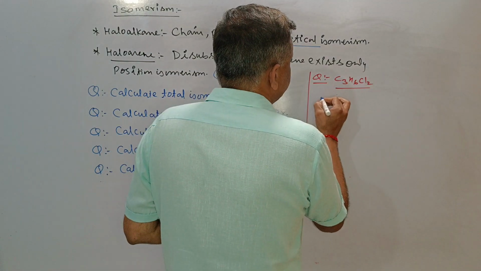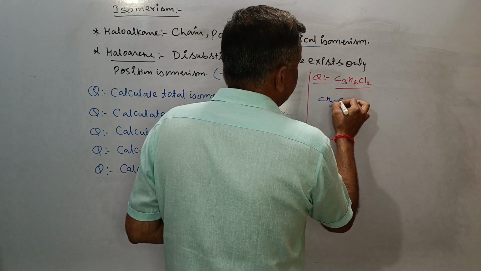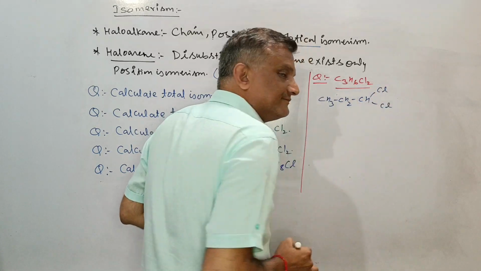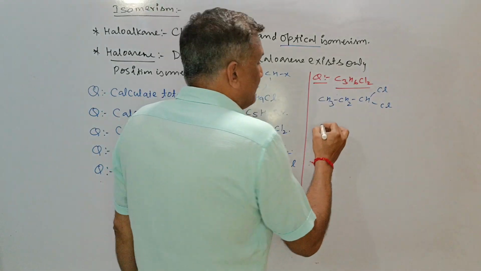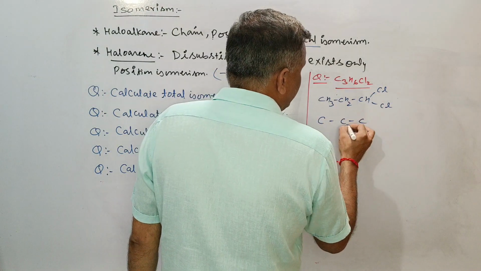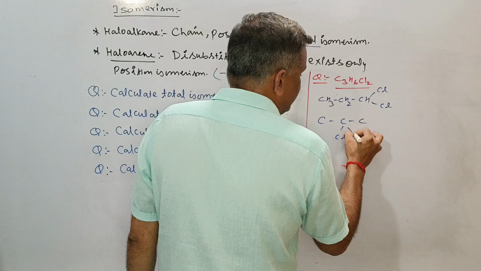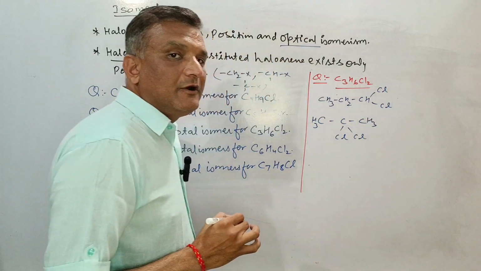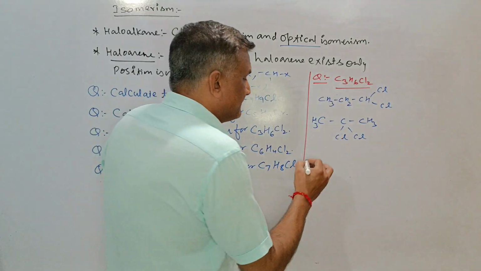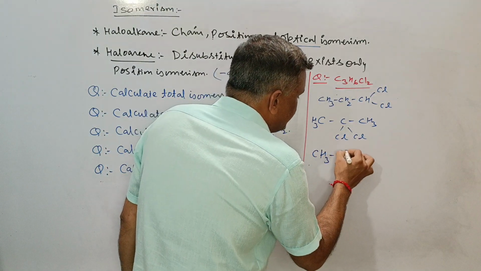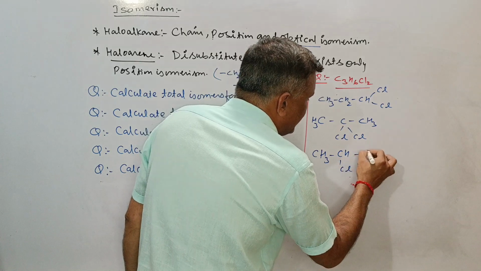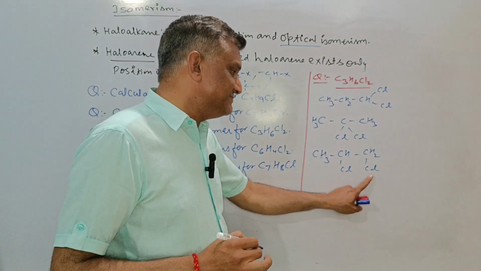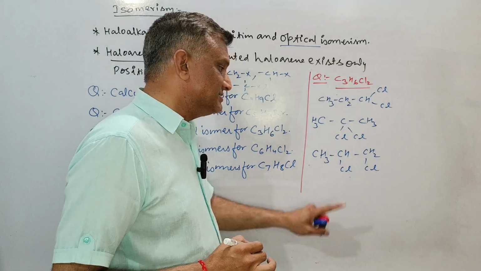Regarding this, it may be as follows: CH3, CH2, CH, Cl, and Cl. If we go to the next, then we can take another geminal. This is the Cl and Cl. If we go further to vicinal, then we can take CH3, CH, this is the Cl, CH2 and Cl. Neighboring 1, 2. Both are the same.